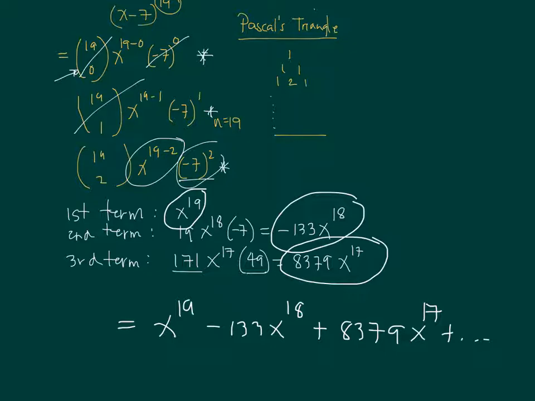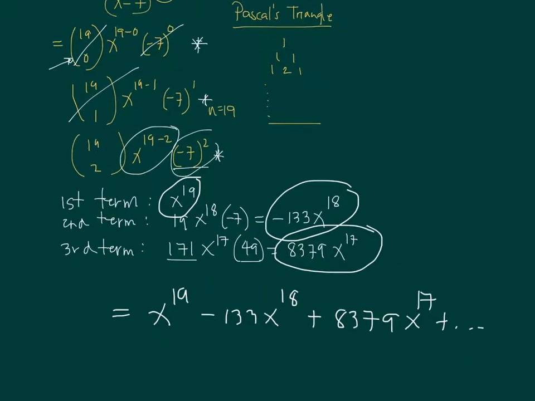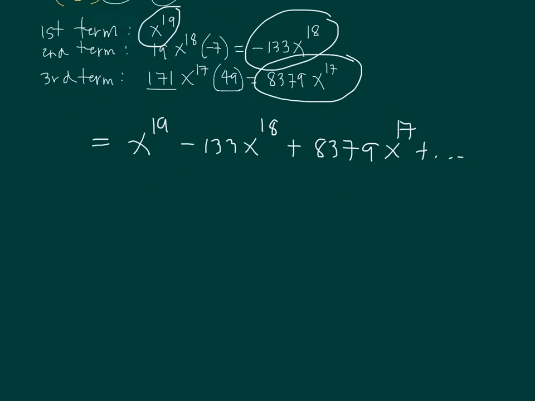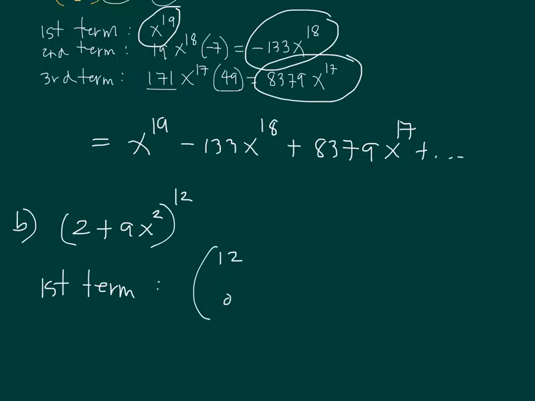Okay, so let me work on another example. Just to extend the idea, let's say I have, this is example B, (2 + 9x²)^12, and we still want to find the first three terms. So the first term will be C(12, 0), first is 2, then 12 minus 0 is 12, and then the second term is 9x squared to the 0.